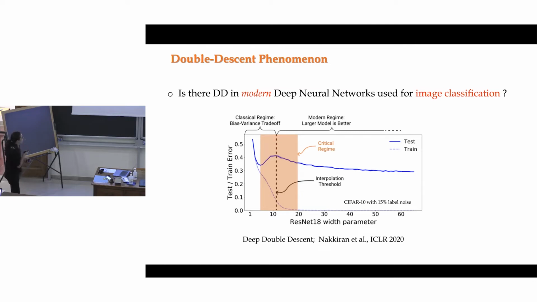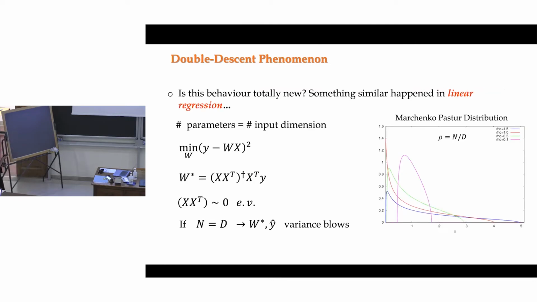But is this phenomenon super surprising? Well, there is something pretty similar happening in linear regression. The point is that in linear regression, you cannot have as many parameters as you want, because the number of parameters you're actually using is the same as the dimension of your input data.